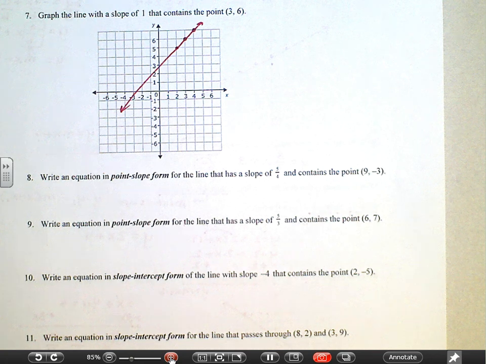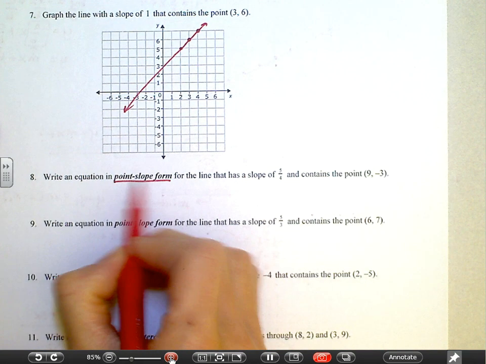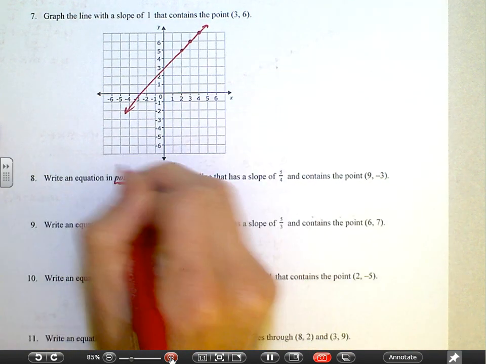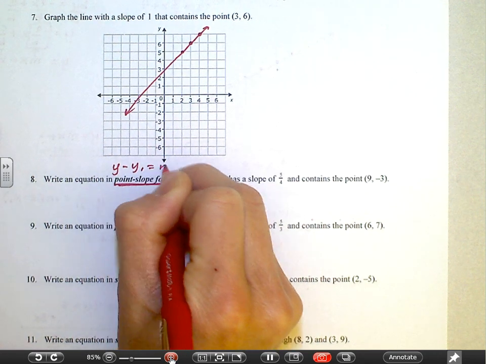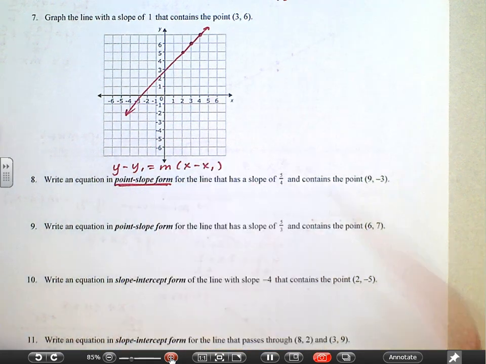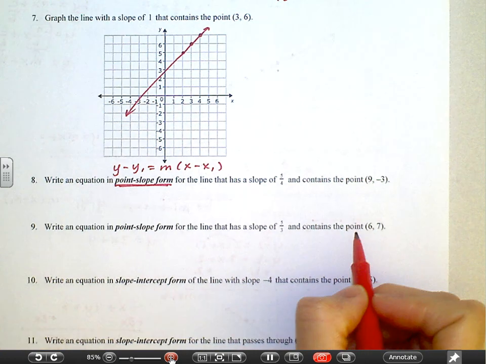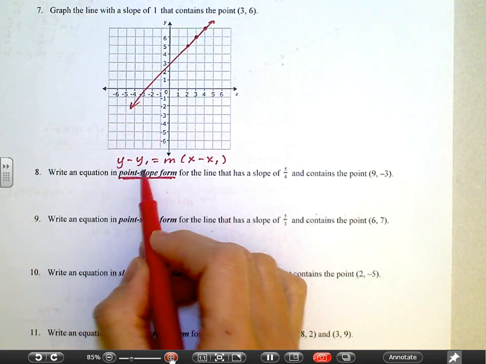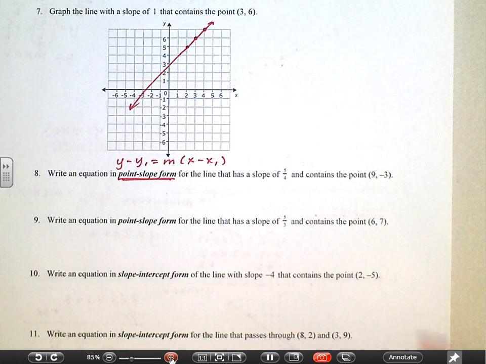So write an equation in point-slope form for the line that has a slope of 5 over 4 and contains the point (9, -3). So point-slope form is where I want to end here, which is kind of nice because that's the least amount of work. So point-slope, remember, is y minus y1 equals m times x minus x1.